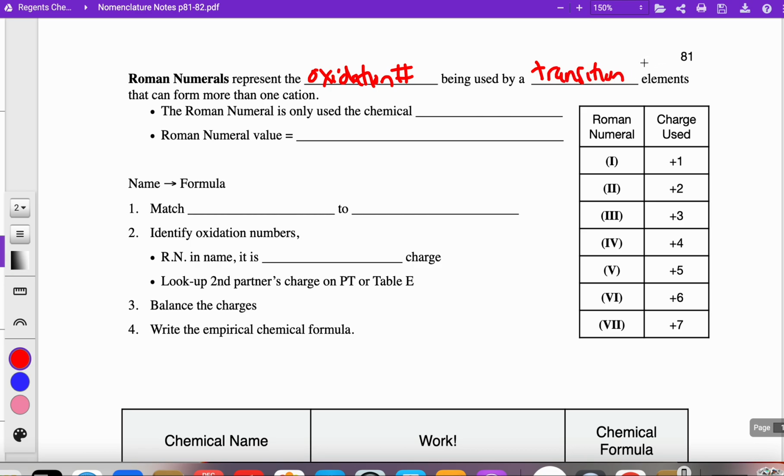And the transition elements are in groups 3 through 11. The Roman numeral is only used in the chemical compound's name, and its value represents the value of the oxidation number.